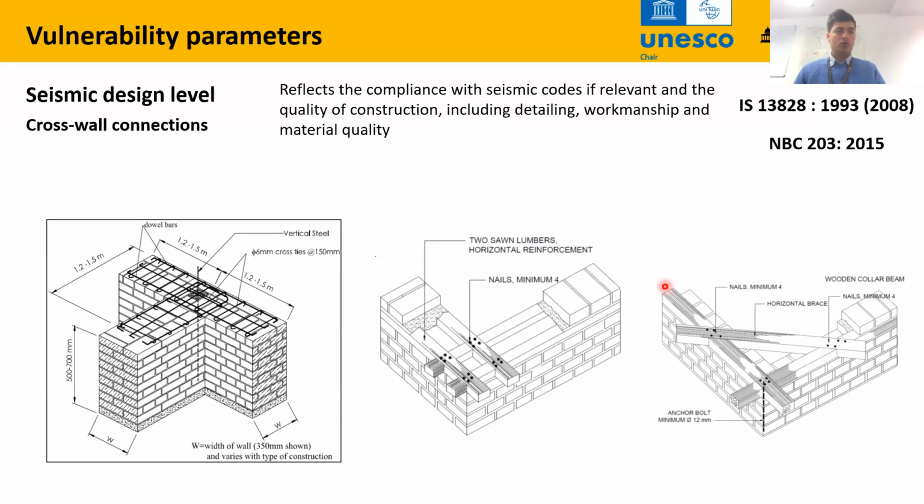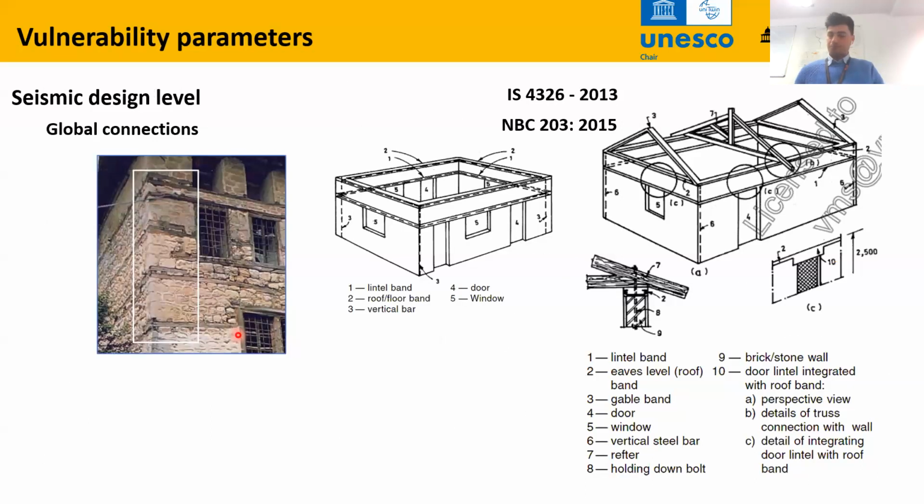At the cross wall connections, again, these are some code recommendations, code guidance on how to connect the walls together. Now, also at the global connection level, traditionally we have practiced timber bands, as you can see in this photo here, or reinforced concrete bands in modern masonry.